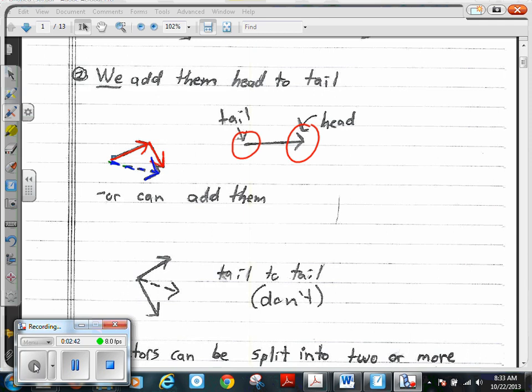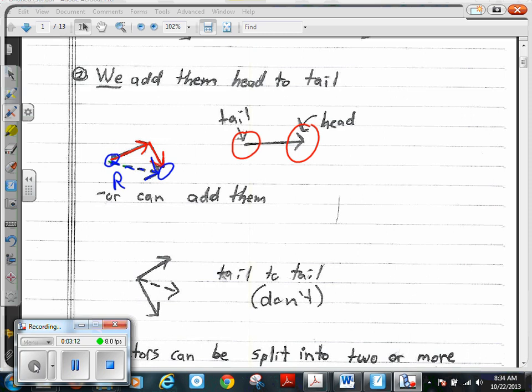You start the tail of the resultant at the origin, and the head is at the final position. So when you're putting vectors together, you add head to tail, but the last vector, which shows you the summation of the vectors, is not head to tail. It starts at the origin and ends at the head of the last one.